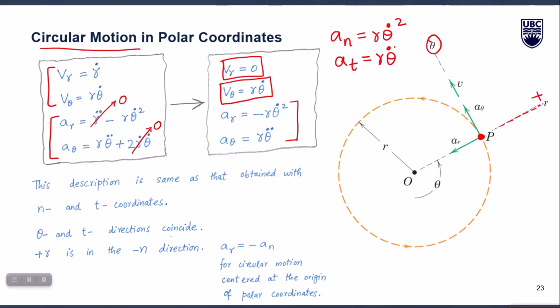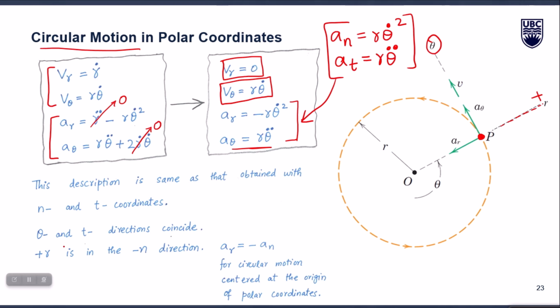If you compare this pair of equations with this pair here, you can simply confirm the first thing: a theta is the same as a sub t, right? So it also confirms that the theta direction in the circular motion case coincides with the tangent direction, right? So either you call it the tangent component of acceleration or the theta component of acceleration, it is the same quantity, right?